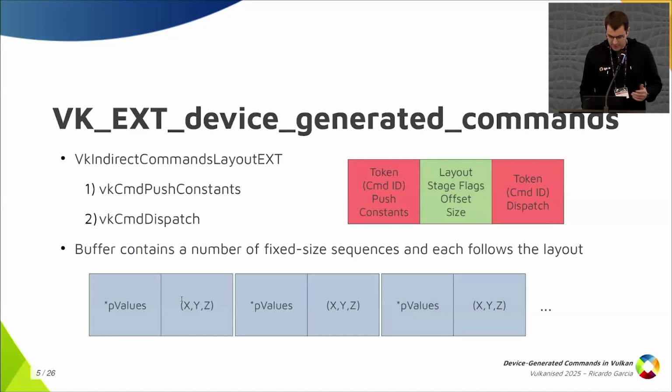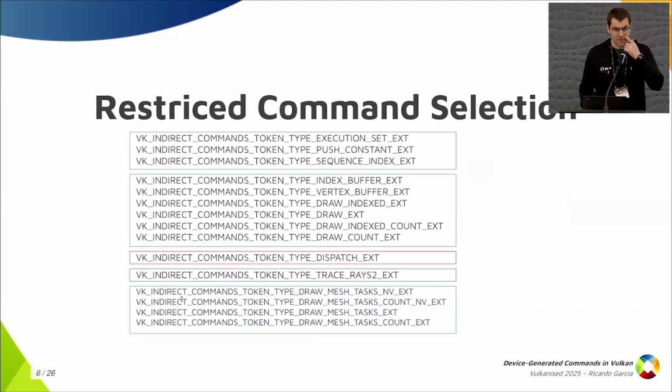The second thing that Vulkan does to be able to make this work is that we limit a lot what you can do with device-generated commands. There are a lot of things you cannot do. In fact, the only things you can do are the ones that are present in this slide. So you can, for example, update push constants. You can bind index buffers, vertex buffers, and you can draw in different ways, using mesh shading maybe.